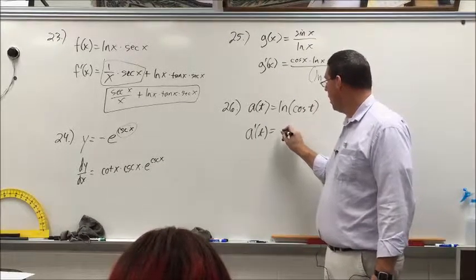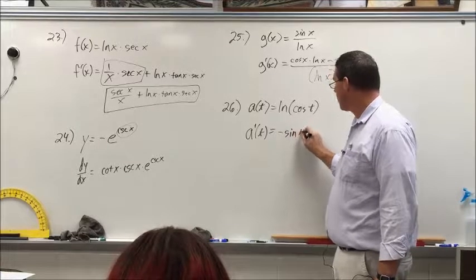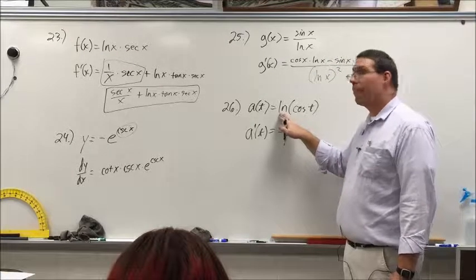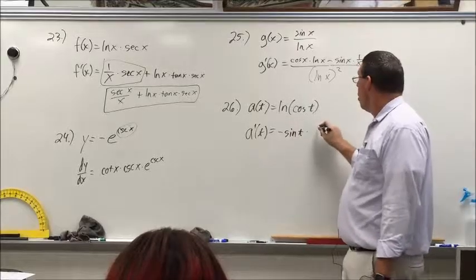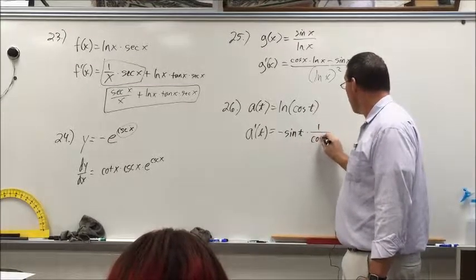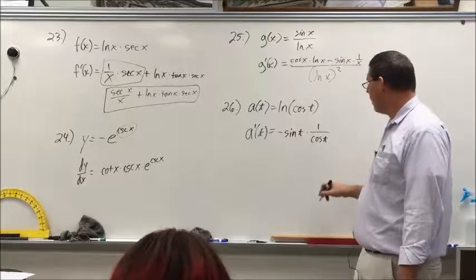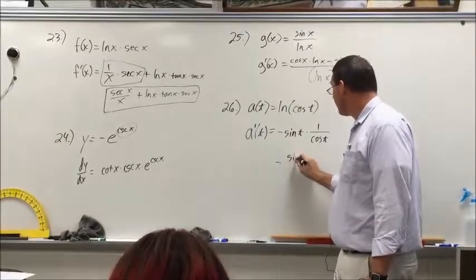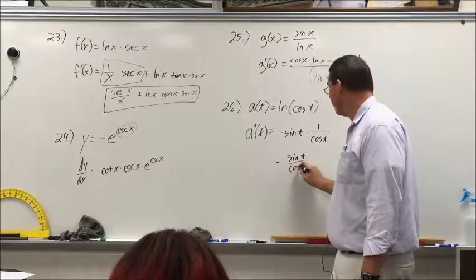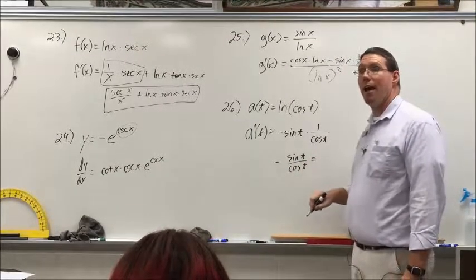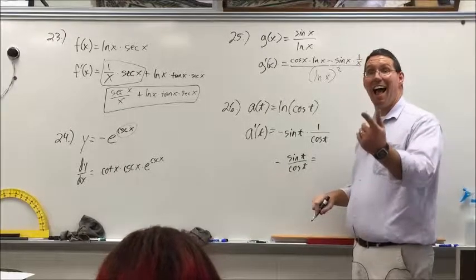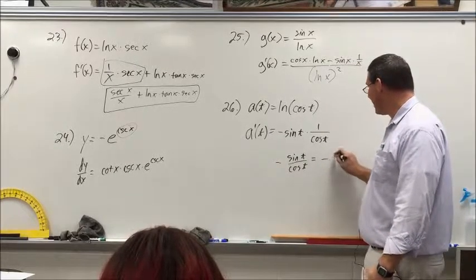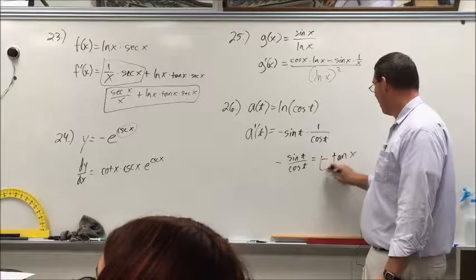Derivative of the inside. Negative sine. Times the derivative of the outside. 1 over cosine. And what can I now do with that? Negative sine of t over cosine of t. Which is? Come on, guys. It's negative tangent. Yay!